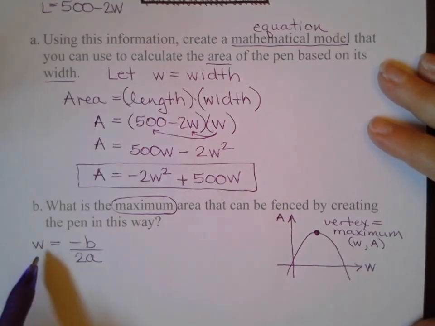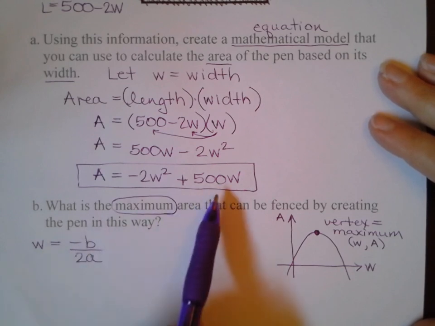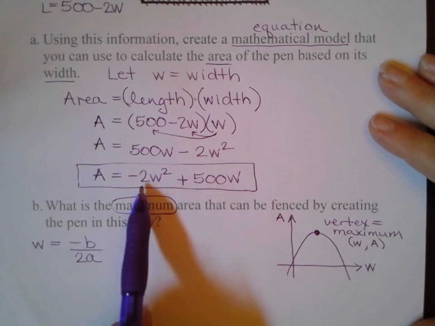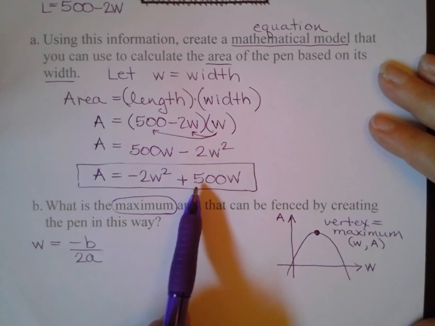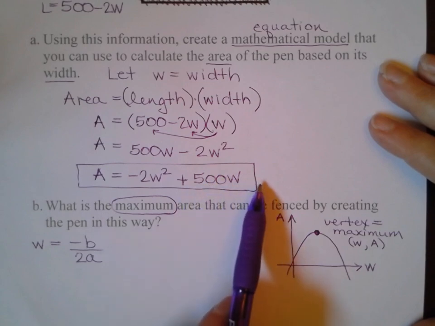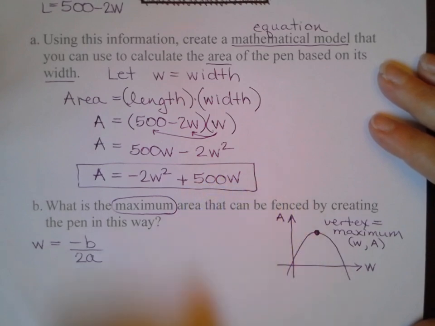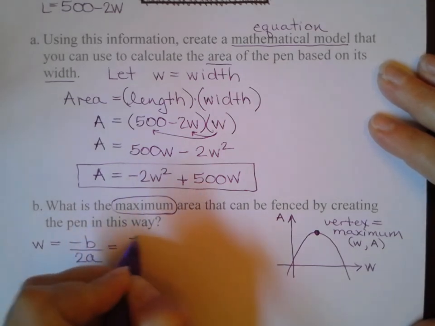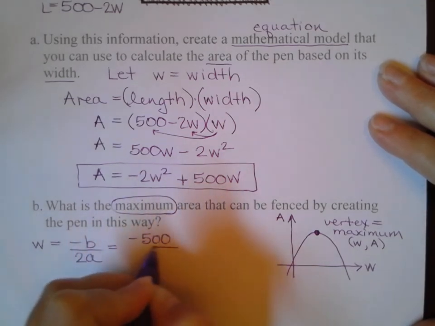I'm using the variable W because W is acting like X. That's my independent variable. I can choose any W I want. I'm going to use this formula; this would be my A, this would be my B, C would be 0 because I don't have a number added here. I'm going to plug that into my equation.